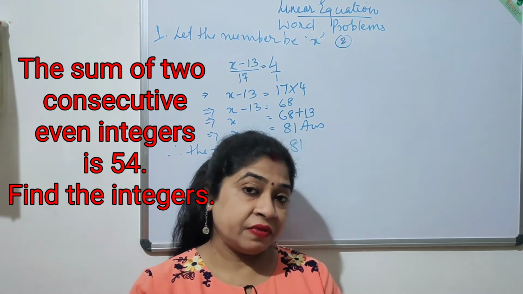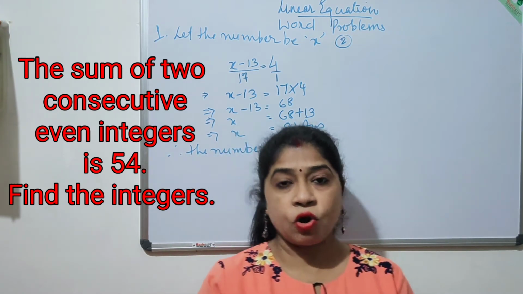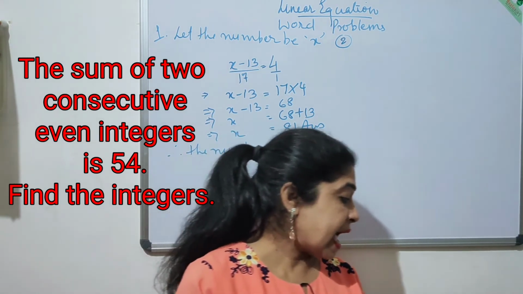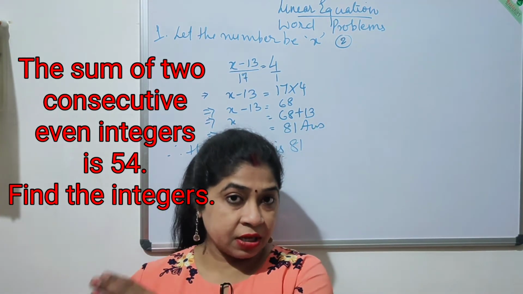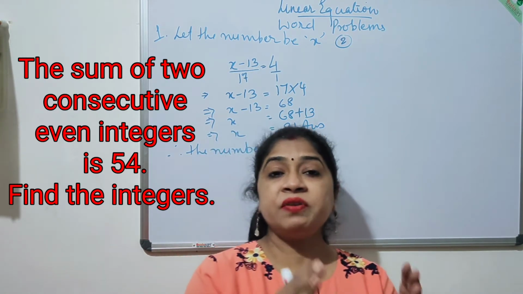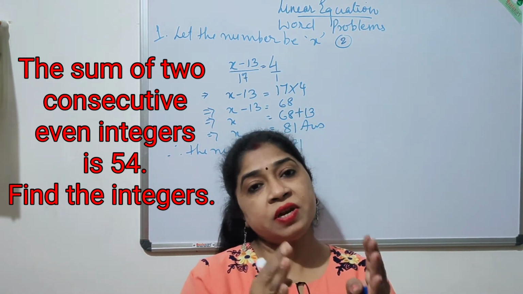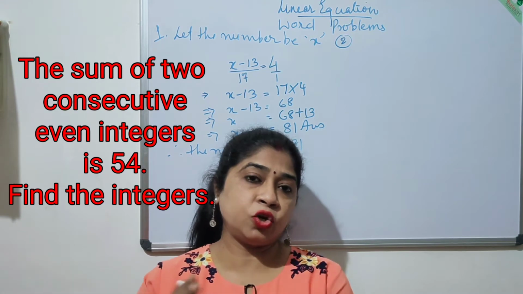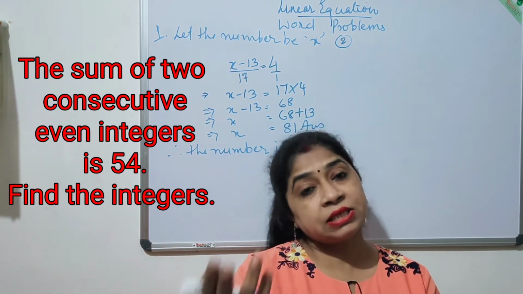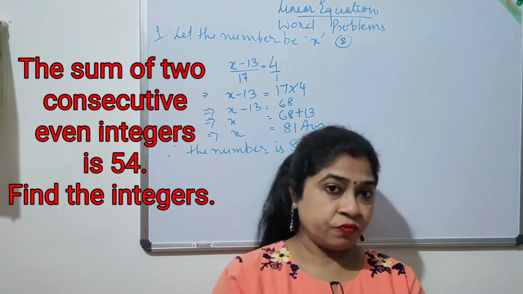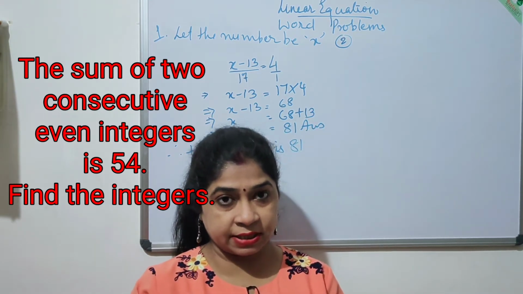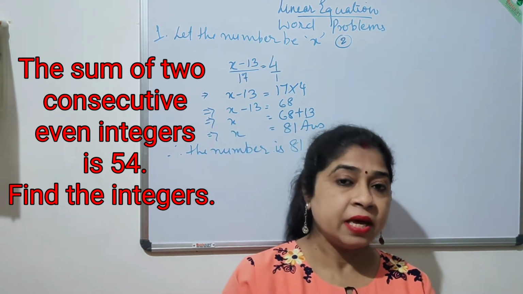All negative numbers and all positive numbers are integers. And consecutive numbers means numbers which come one after the other. Consecutive even integers means even numbers which come one after the other, like 2 is an even number. The next consecutive even number will be 4, then the next will be 6, then the next will be 8.